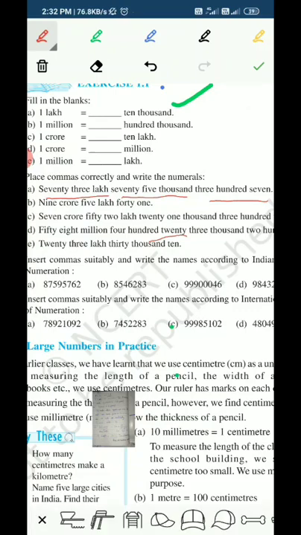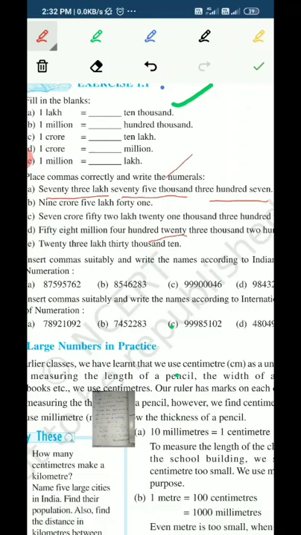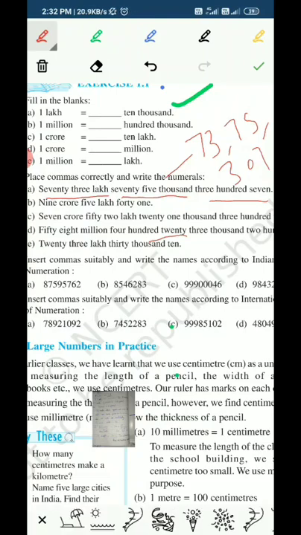First we have to write it in the form of a number: 73 lakh, then 75,000, and then 307. So we have placed the commas and written it in the form of numerals. I hope you can do this very easily, and any problem you face, please mention them in comments.